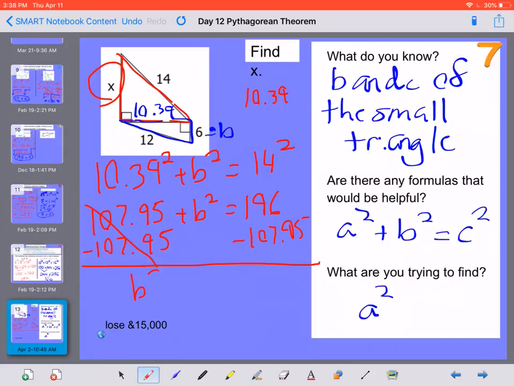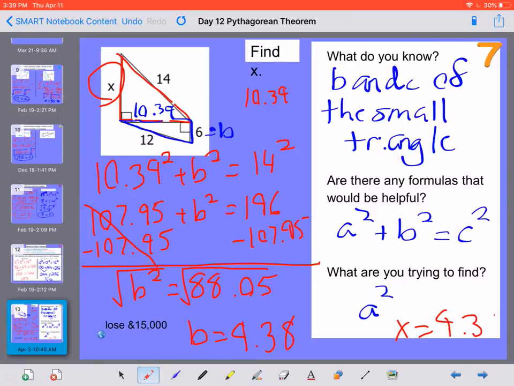And we get b squared equals 88.05. Square root of that gives me b equals 9.38. So x equals 9.38.